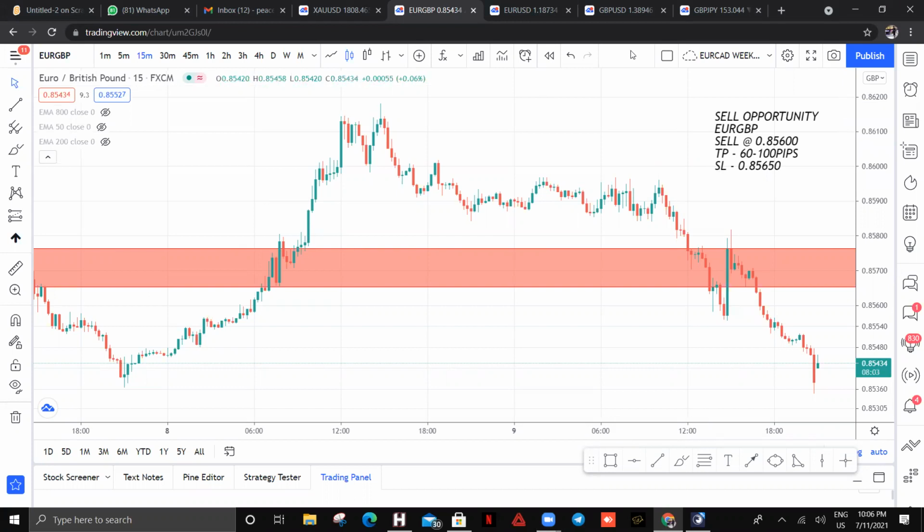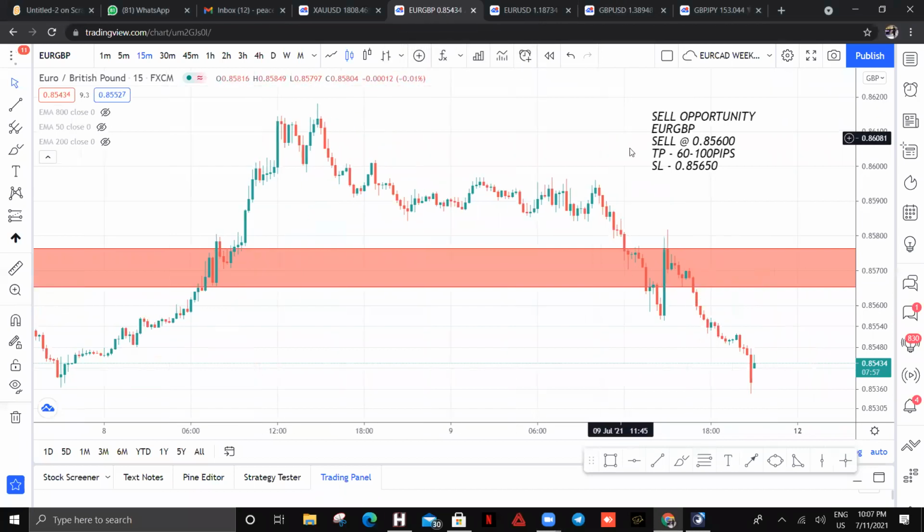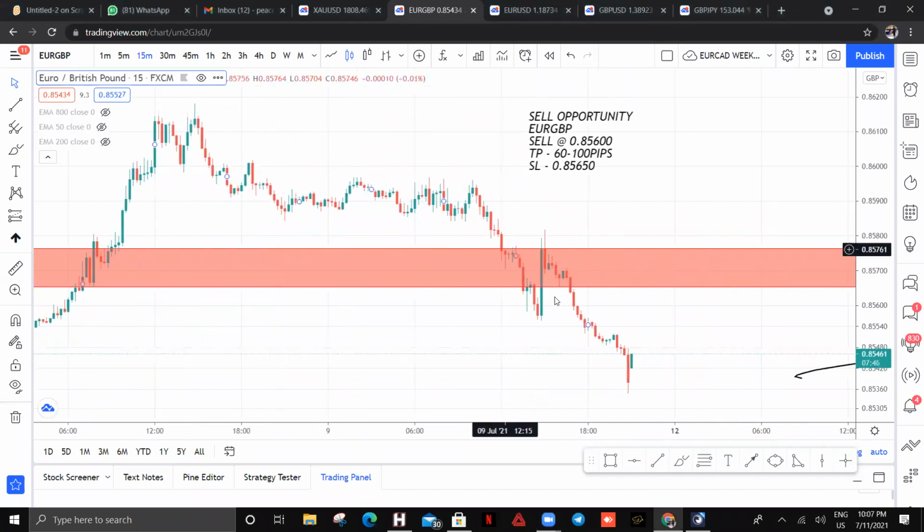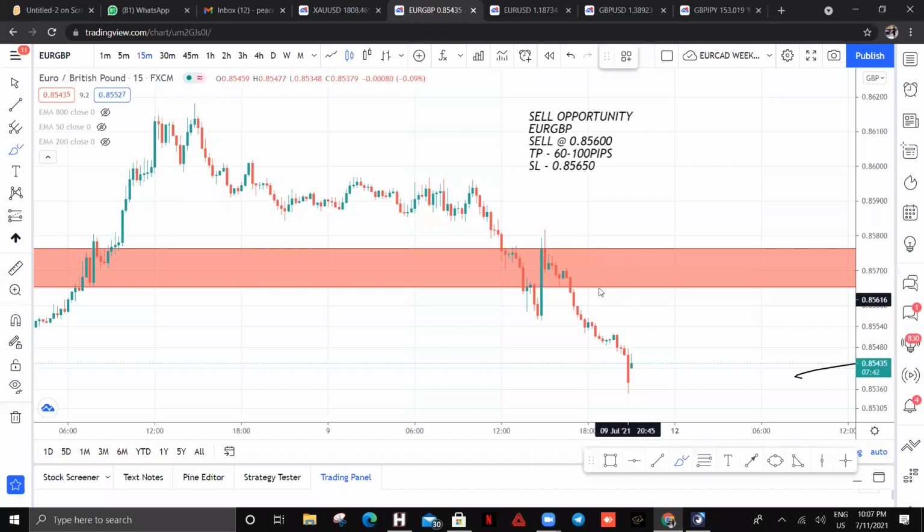The last part I analyzed, I think it was Euro GBP. Yeah, this one that I said you should wait for a retest. If the retest keeps going up, then it's no more a sell. If it breaks this zone like this and retests it this way, you shouldn't look for a sell at all.